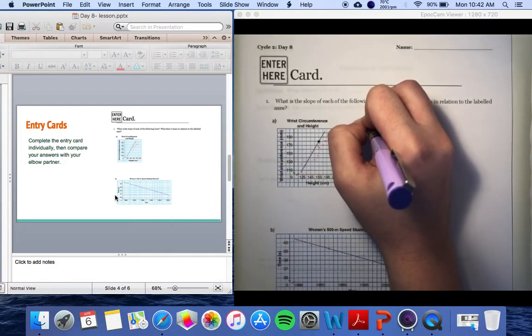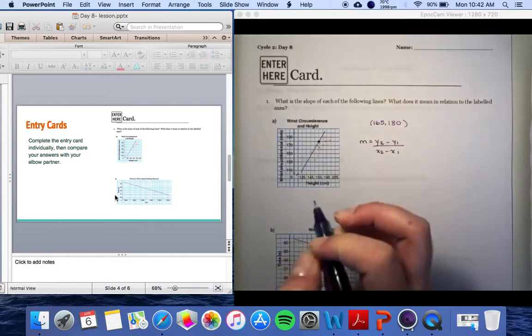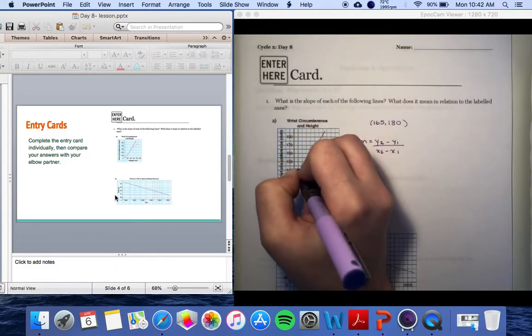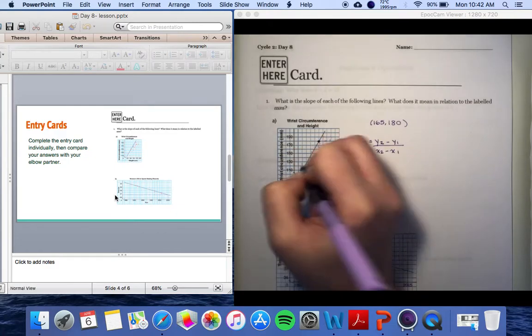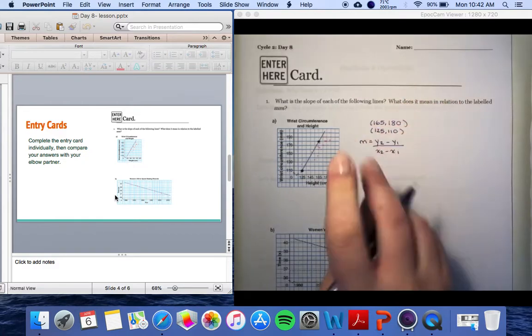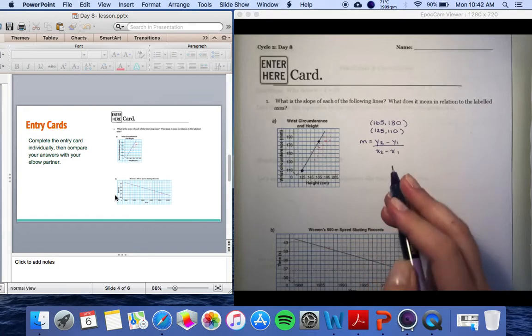So I'm just going to write them here. So 165 and 180. And another point that I can see that falls right on my grid lines is 125 and 110.